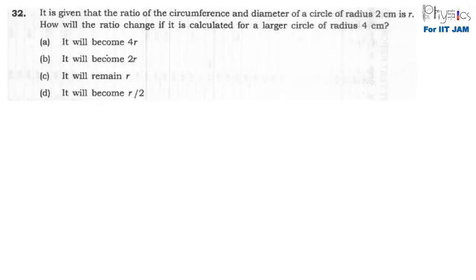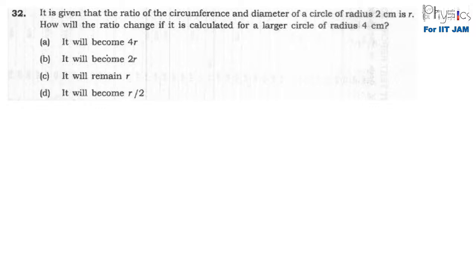Now the next question is this one. Here the question is, it is given that the ratio of the circumference and diameter of a circle of radius 2 cm is R. How will the ratio change if it is calculated for a larger circle of radius 4 cm?